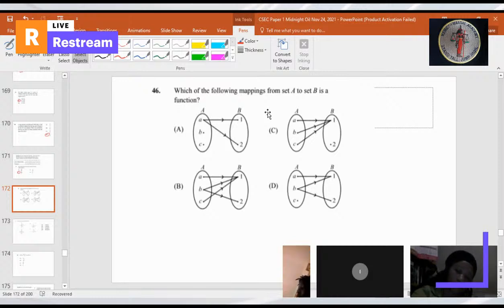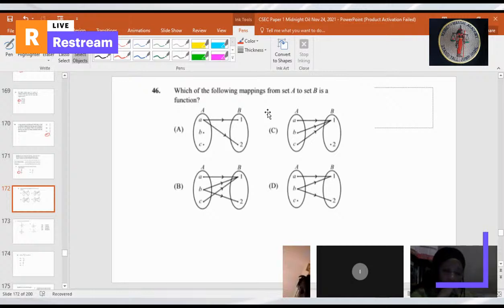Each of the numbers or letters from A is connected to B. So if each of the elements in set X, in this case set A, maps onto what in set B?